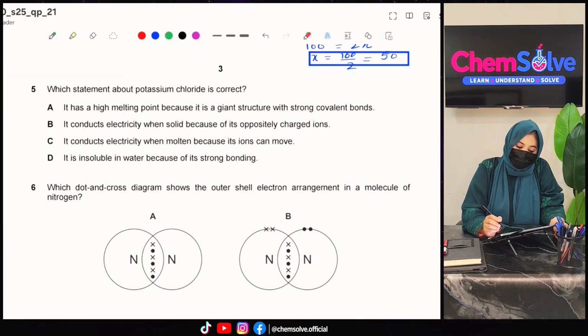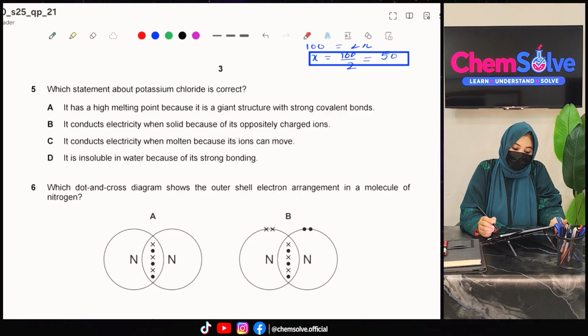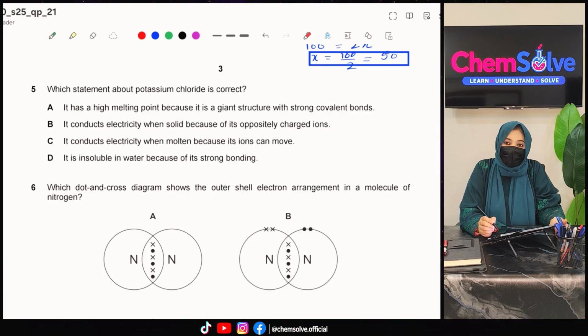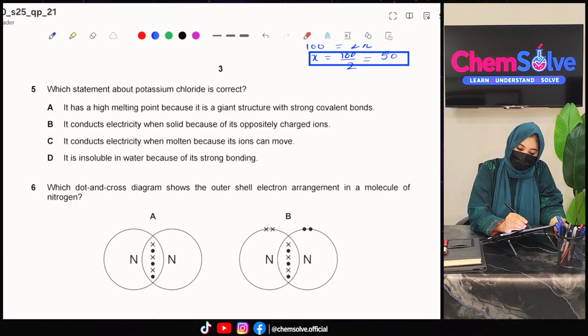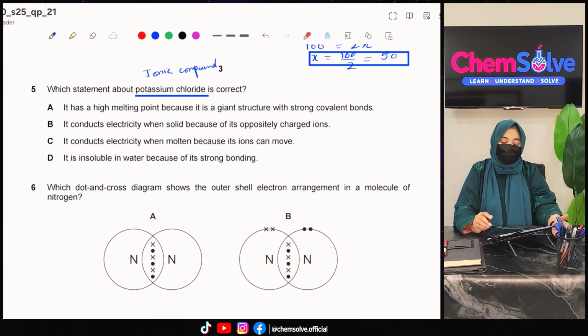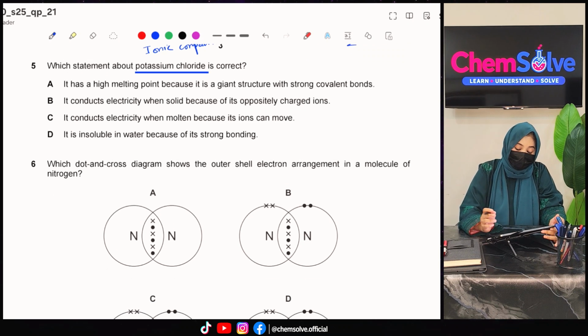Okay, now move towards question number 5. Which statement about potassium chloride is correct? Potassium chloride is an ionic compound. Keeping this in mind, we will see the other options.